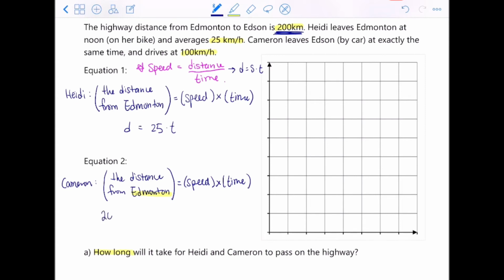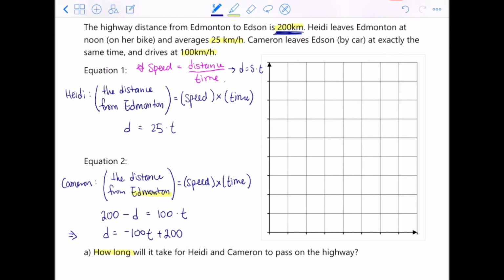So we do have to use 200 kilometers at some point. So the distance from Edmonton for Cameron is 200 minus D. Distance cannot be above 200, so it's important to note that here. And then speed is 100 kilometers per hour times time. Let's rewrite this into the y equals mx plus b form. So d equals negative 100 t plus 200.